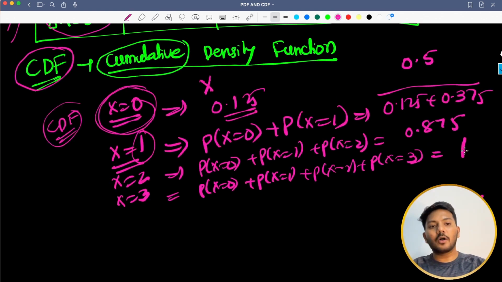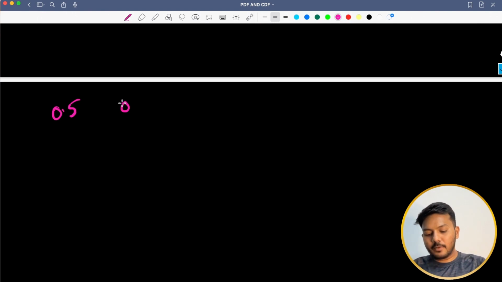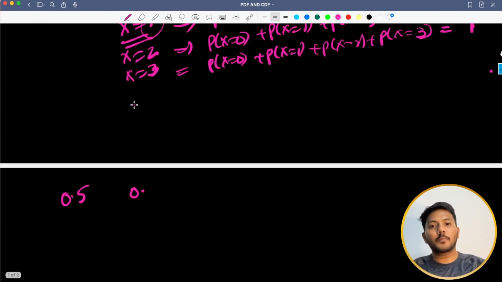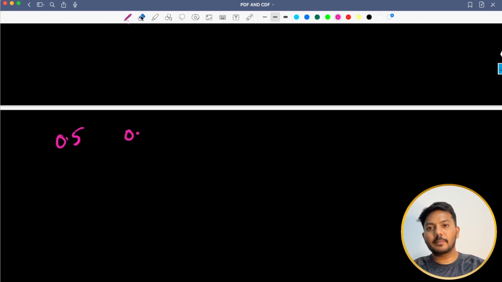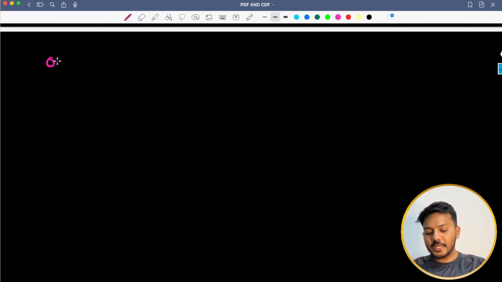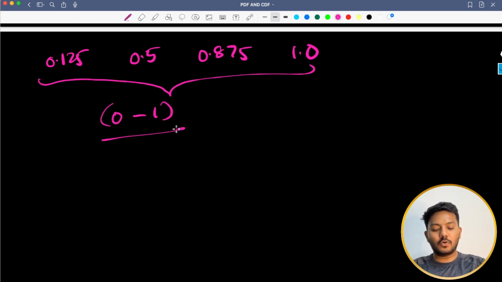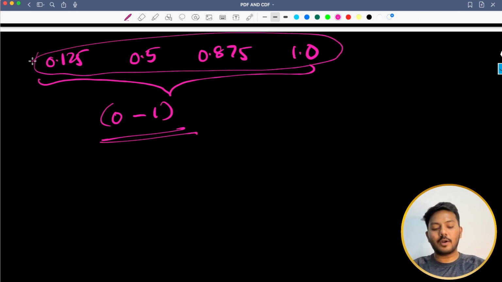So if you look at all the values, initially we have 0.125, 0.5, 0.875 and 1.0. All of these values lie between 0 and 1. Clear? This distribution is called the cumulative density function.